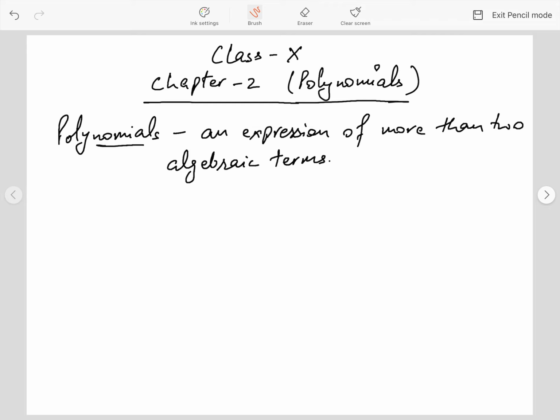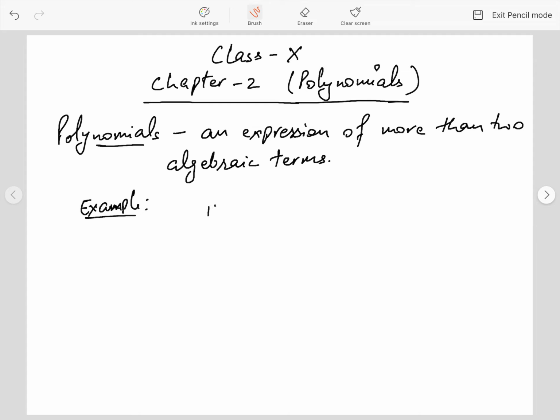When we write polynomials, we can say that these are algebraic terms which can be written in more than two. So let us take some examples to make it more clear.